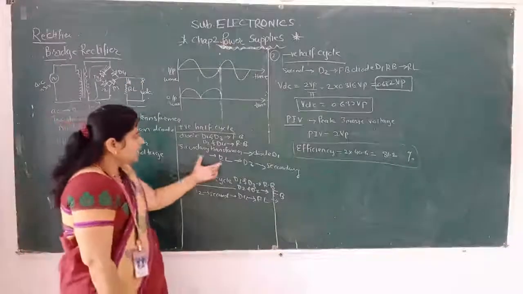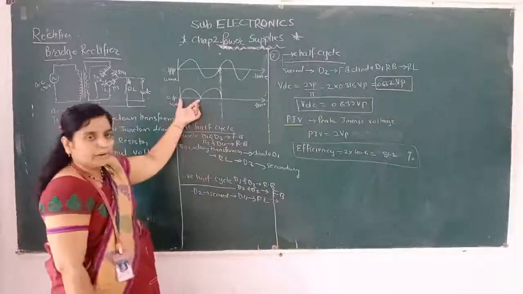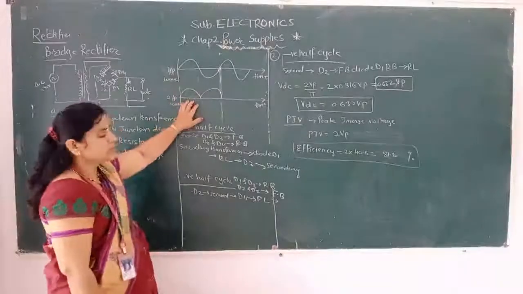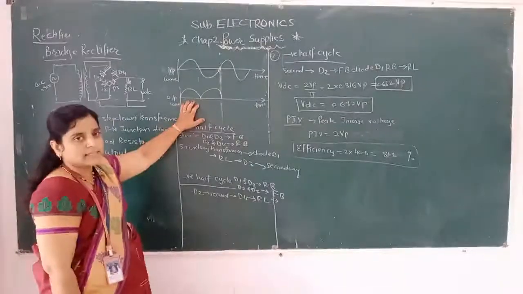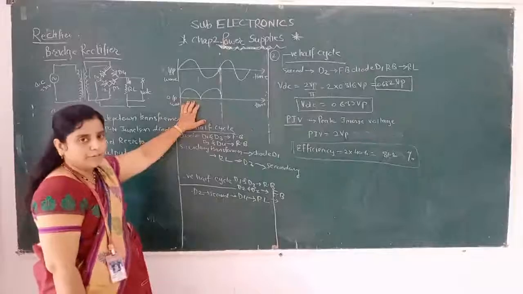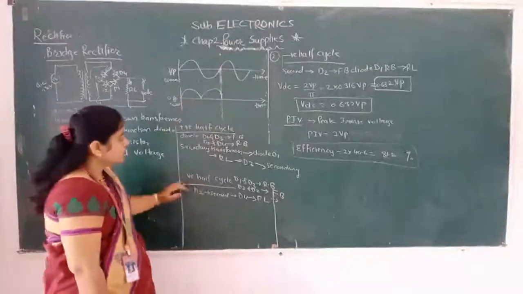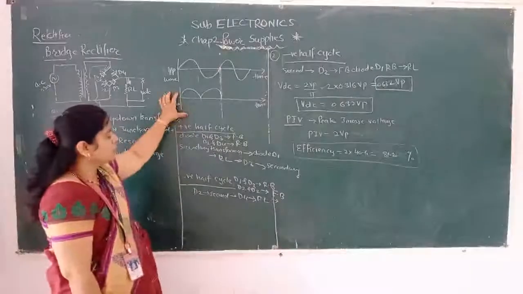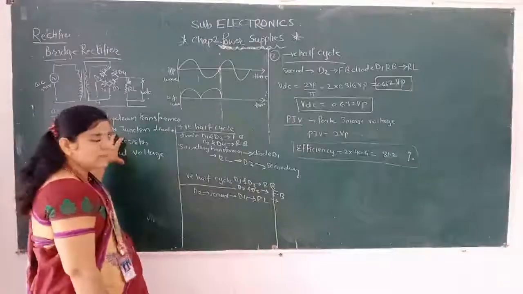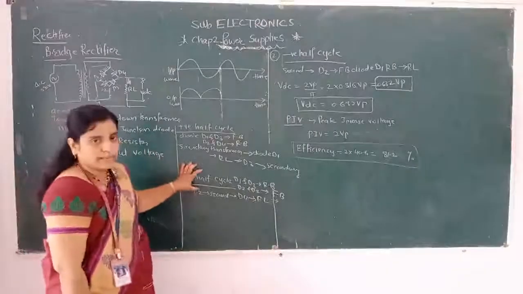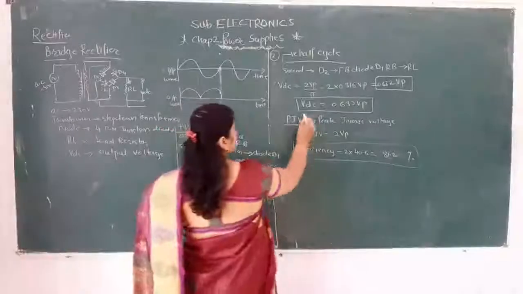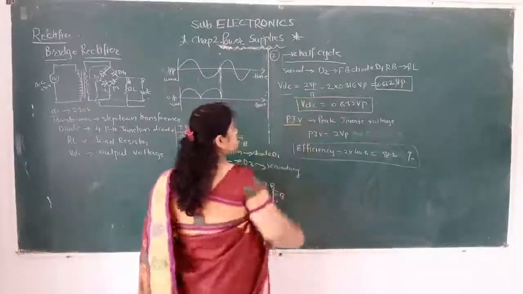So at that time what happened? Only one diode will conduct, therefore the waveform is like this, exactly equal to the full wave rectifier. Okay, so this was the waveform, this is the construction of the diagram, and this is the working of the diagram. So what is the output VDC here?